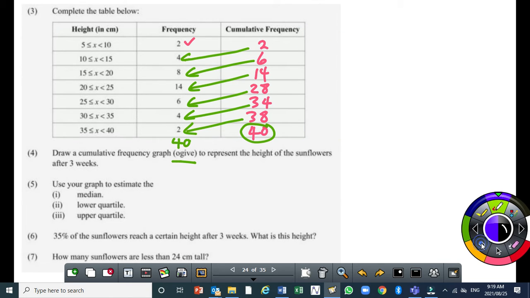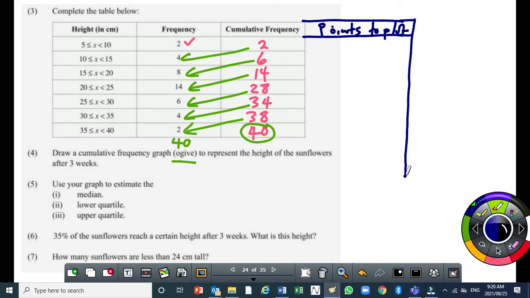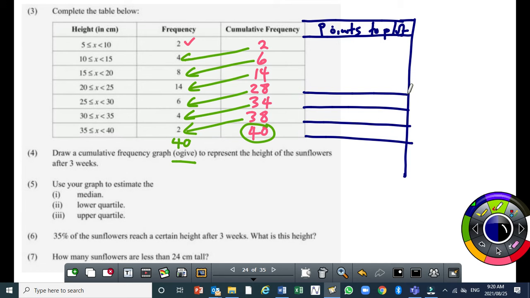That column, I'm just going to call it points to plot. When you're drawing the ogive, you need to know what are the points that you plot.